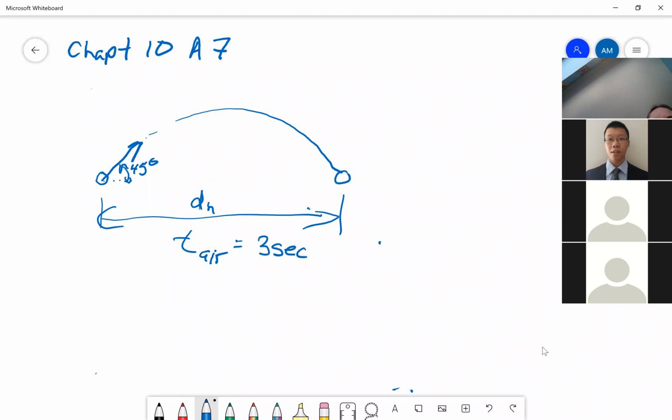And what they want to know is the vertical height. Okay, so we know the time to apex. Well, first of all, that's the information we've been given, and we know what we want.